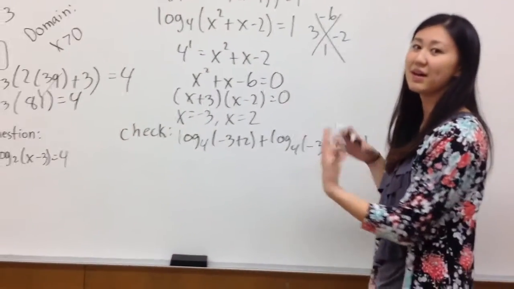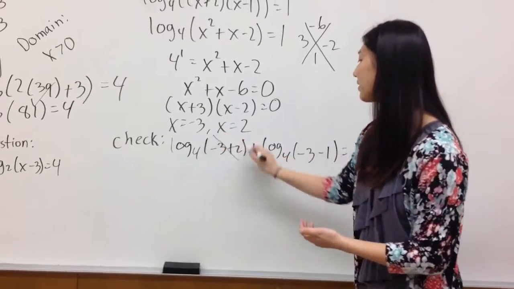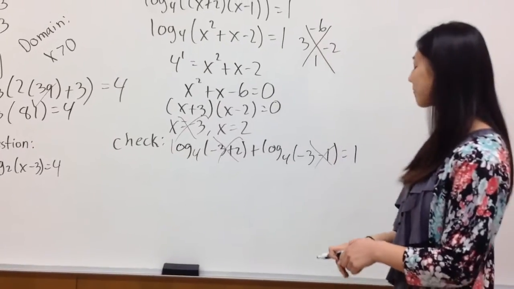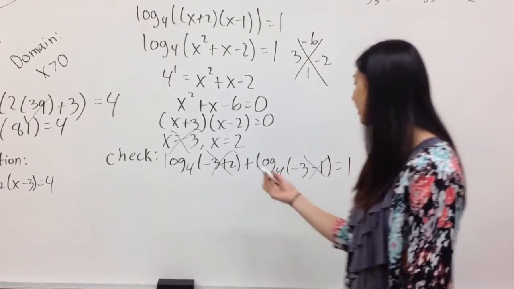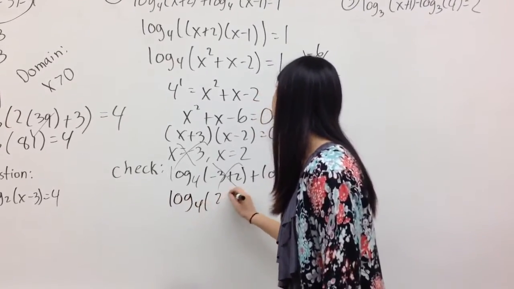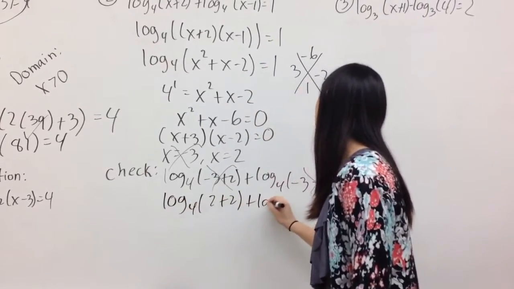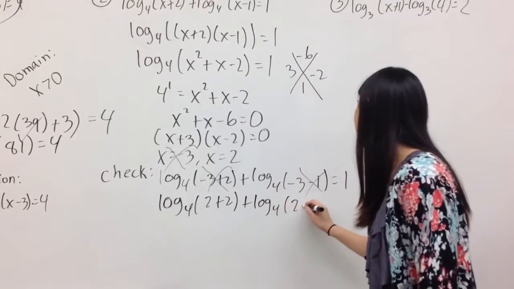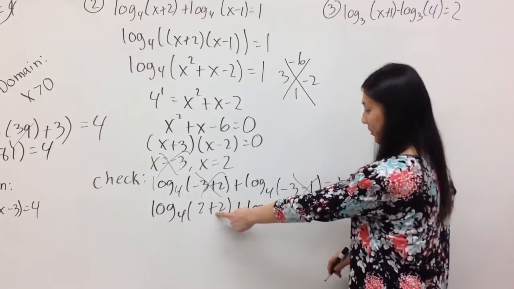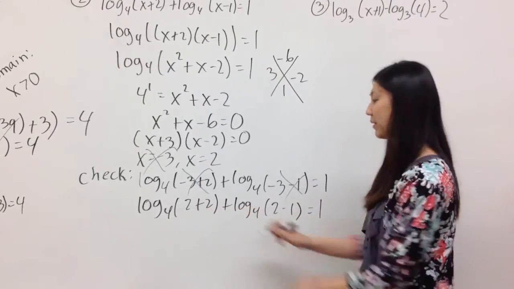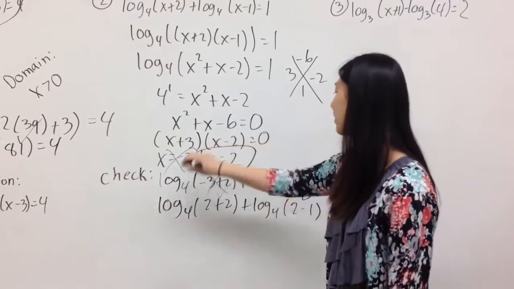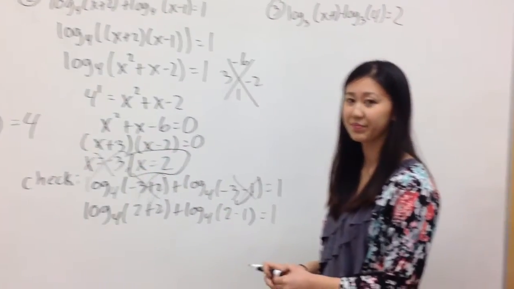Our domain is all positive numbers. So this doesn't work, that doesn't work, so that means that this answer is not going to work for us. We're going to look at the x equals 2 next. So we have log base 4 of 2 plus 2 plus log base 4 of 2 minus 1 is equal to 1. Well, 2 plus 2, that's a positive number. 2 minus 1, that's a positive number. So these both work here. So this is going to be our answer, just x equals 2.